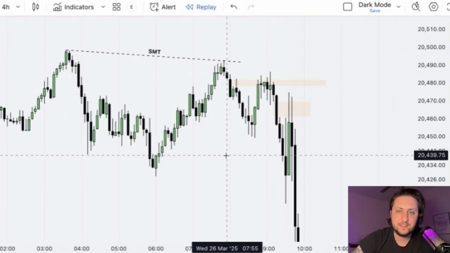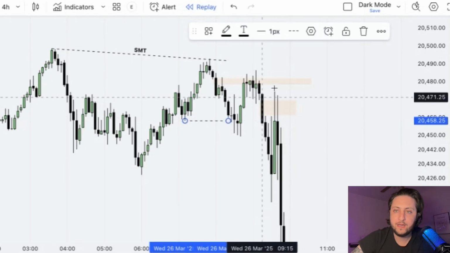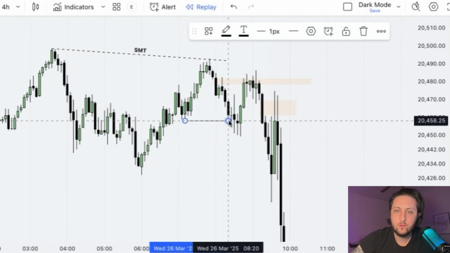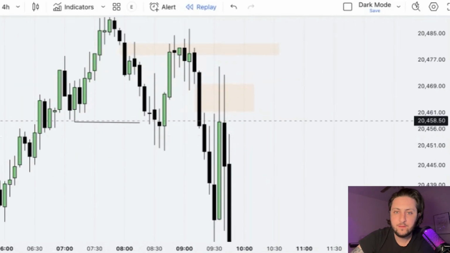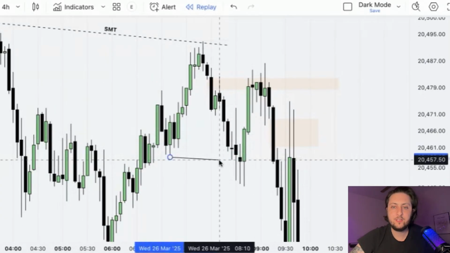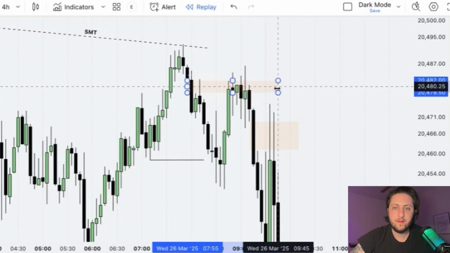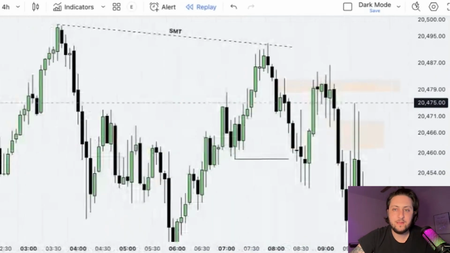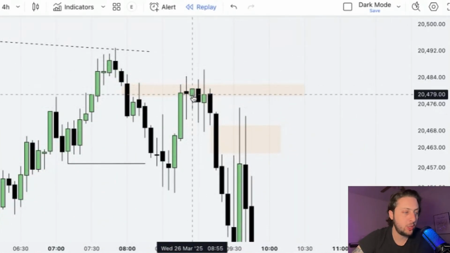Now, what do we get after the SMT divergence? We get our lower time frame break of structure right here, or change in the state of delivery. And what do we do? We pull back to the bearish fair value gap on the 5-minute. And now it's really important to watch how the candles are printing once we retrace into this gap.